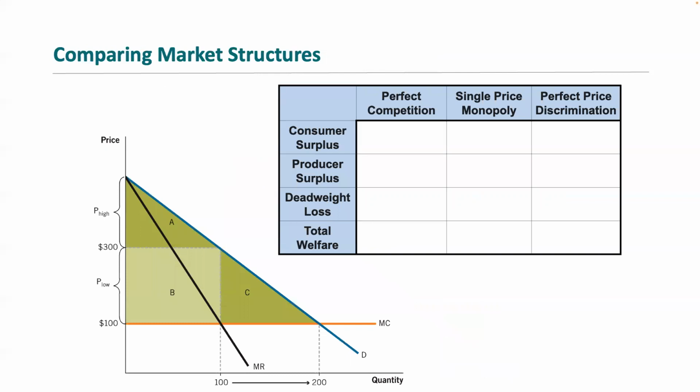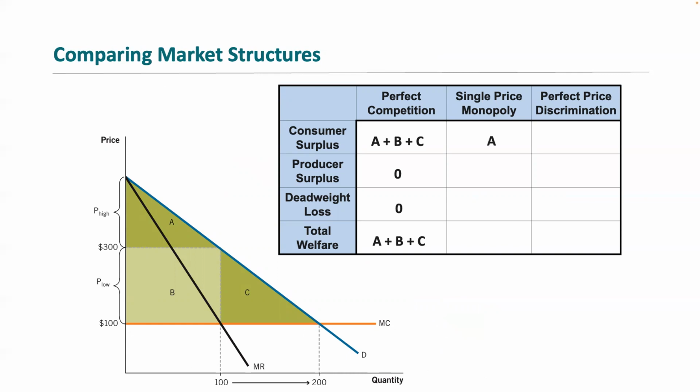Now, a good way to break this down and make it a little bit easier for you to understand the different market structures is to look at this graph and then look at what pops up here. So in perfect competition, consumer surplus is A plus B plus C. The producer surplus is nothing in that case, and there's no deadweight loss. Total welfare is just equal to those three things added together.